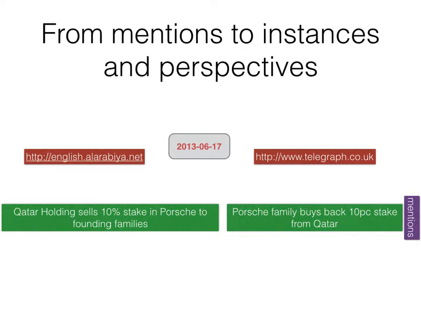The entities are mapped to DBpedia URIs to identify the instances. DBpedia is the structured database variant of Wikipedia in RDF, with millions of entities and a lot of background data on these entities. There you can find out what company Qatar Holding is, what management it has, and who are the members of the Porsche family.